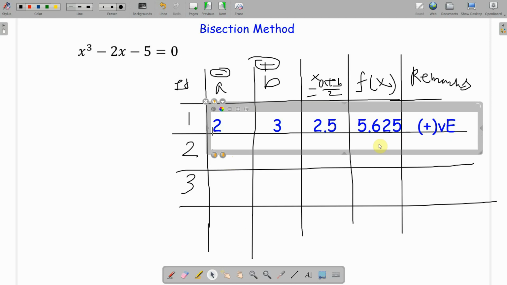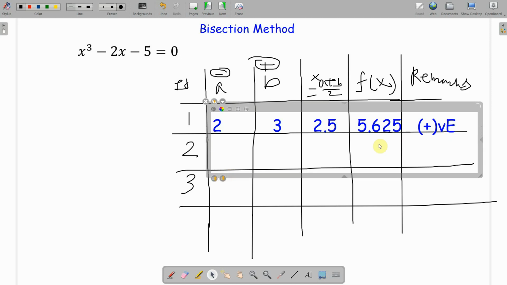Now for the second iteration, so I am getting positive, so which value will I be changing? A value or B value? B value I'll be changing, I'll be updating it with x, right? So the A value will be fixed, the B value I am changing, it will be 2.5, and the x value is coming around 2.25.